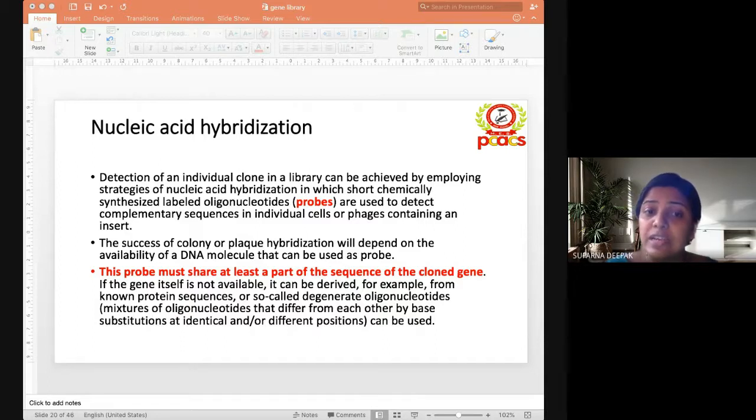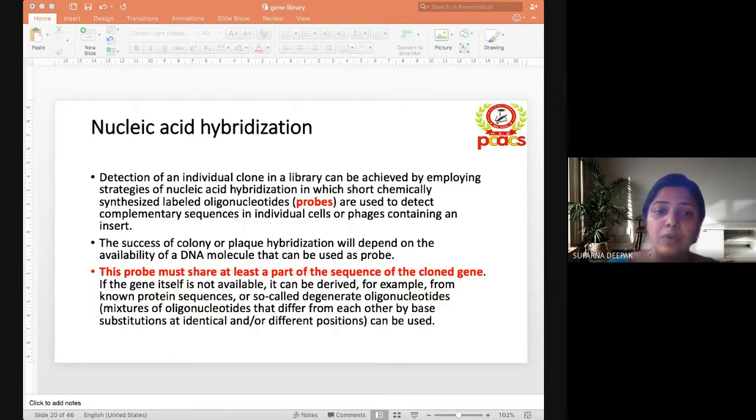If the gene itself is not available, it can be derived, for example, from some known protein sequence. From the protein sequence you find out the gene sequence, and if you have the gene sequence, it would be helpful in producing a particular probe.